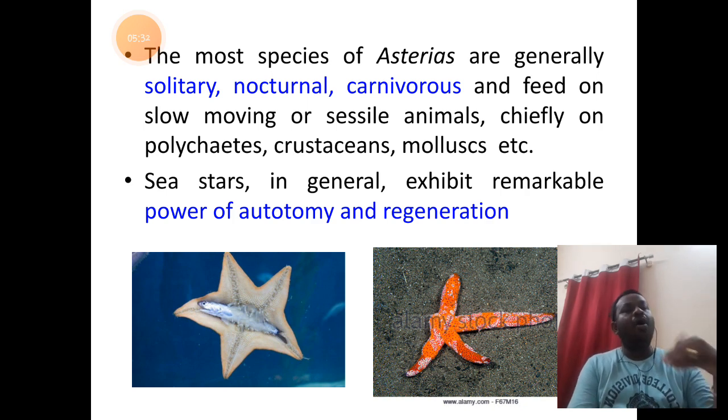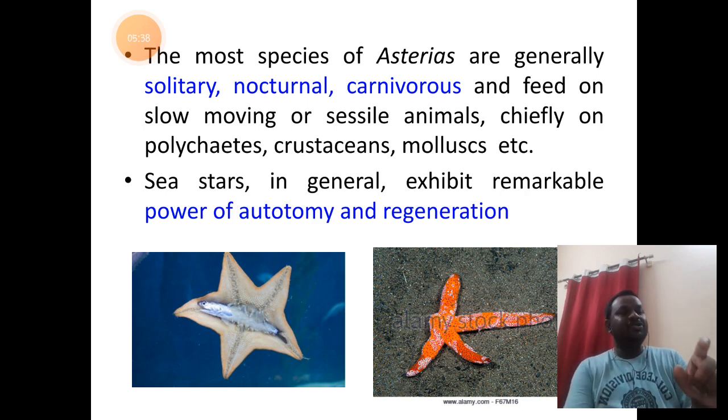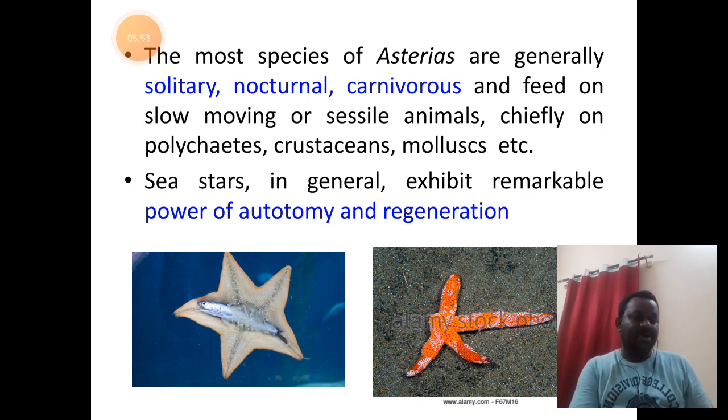This is called autotomy, self-breakage. Regeneration of the lost part: whatever the autotomic regions are, such regions are again regained. So this is called the power of regeneration. The power of autotomy and the power of regeneration are very remarkable processes associated with Asterias.